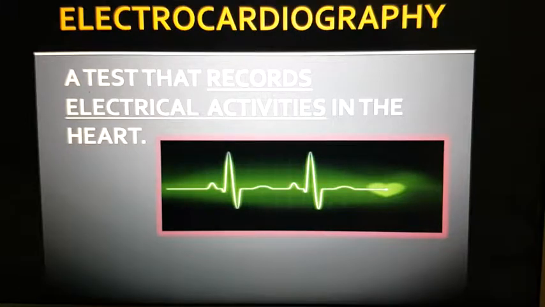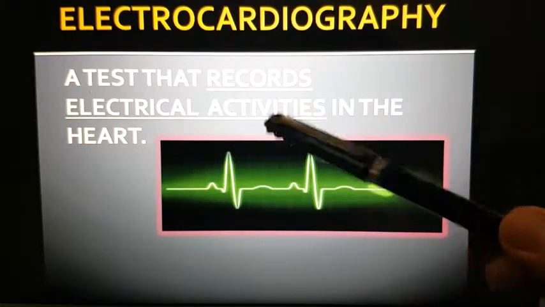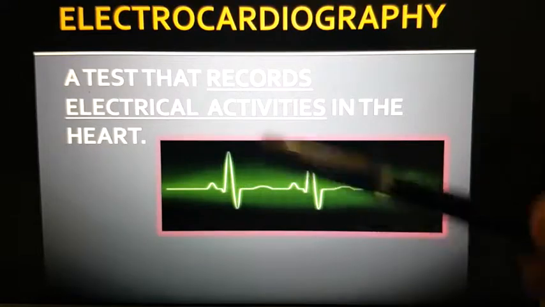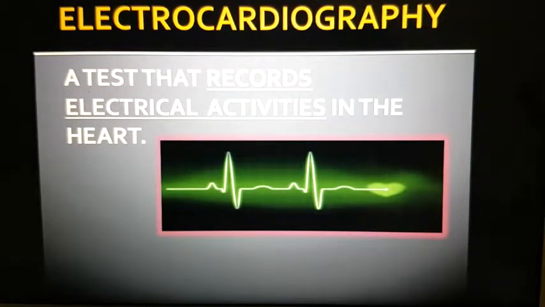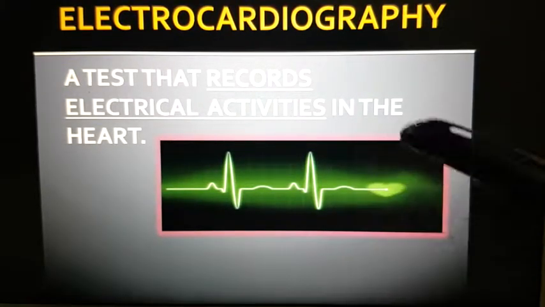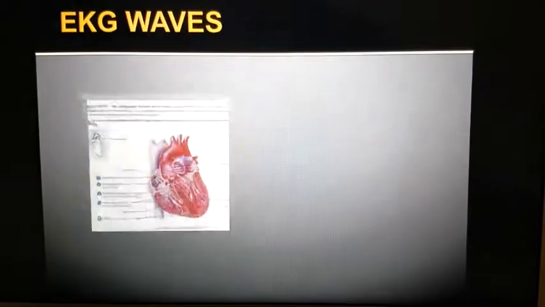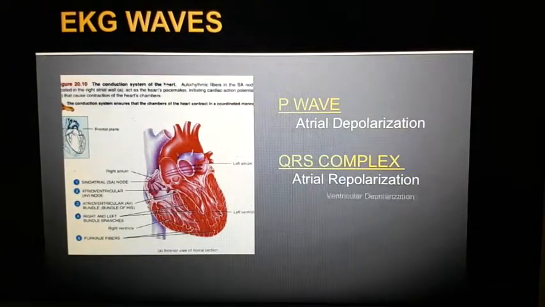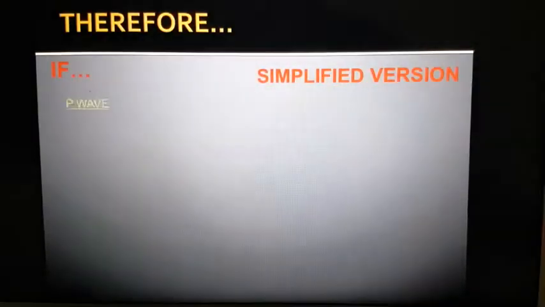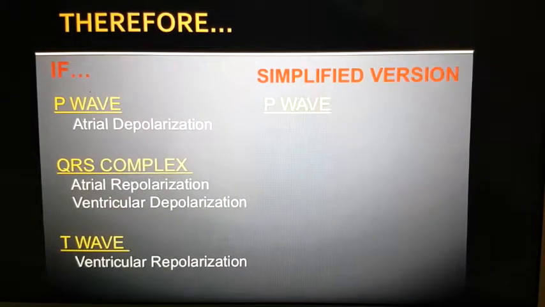And of course, common sense will tell us that if there are electrical activities, they may cause contraction. Am I right? But again, it will not record contraction. I think I mentioned this in the previous slides. So anyway, let's proceed. I will no longer discuss the different waves because I mentioned that in different slides. Let's proceed now to your ECG strips.